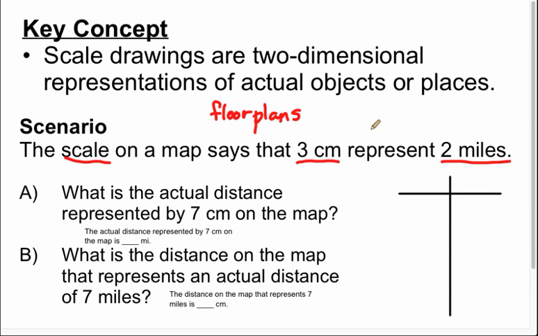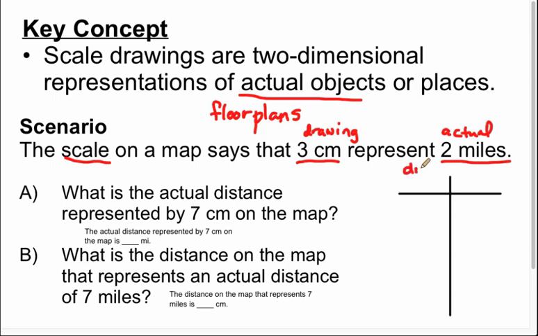One idea that you want to take away from scale drawings is you're going to have actual measurements, those measurements in real life, and you're going to have those measurements that exist on the drawing. So one thing to always think about is, what are the drawing measurements and what are the actual measurements? So I always make a ratio table.